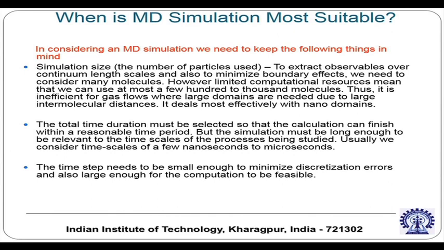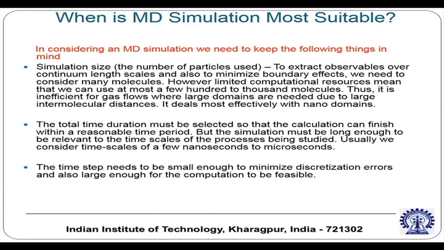I am not talking about very highly powerful systems, but the systems which people commonly have access to, even in laboratory environments which are not very rich. Thus, it is inefficient for gas flows where large domains are needed due to large intermolecular distances, and it deals most effectively with nano domains.